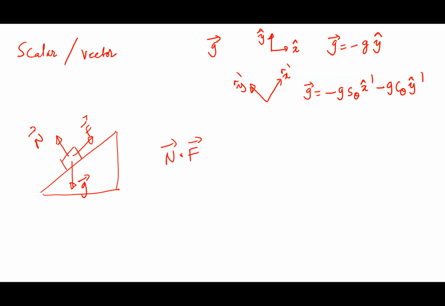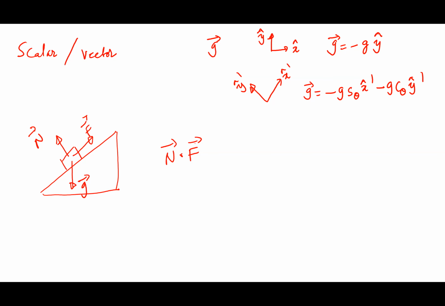I see some still thinking. So convince yourself that N and F are perpendicular no matter what. If they're perpendicular irrespective of which coordinate system, then they may have different components, but N dot F will always be 0. So even if you change your coordinate system, this doesn't change. That is a scalar. That is the definition of a scalar.